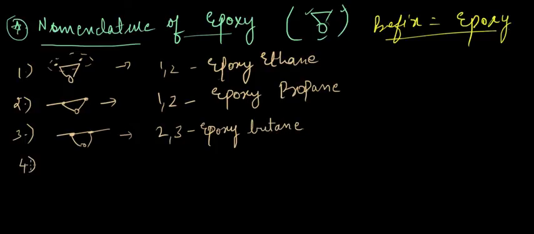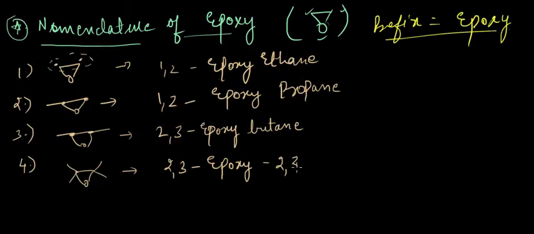Okay, if we have something like this, then it would be called 2,3-epoxy-2,3-dimethylbutane.